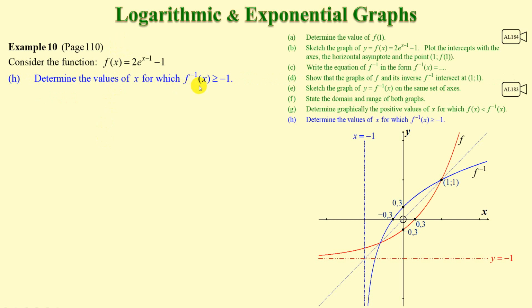Values of x for which f minus 1 of x is greater than or equal to minus 1. That means the blue graph, f minus 1 of x, must be above the line y equals minus 1.